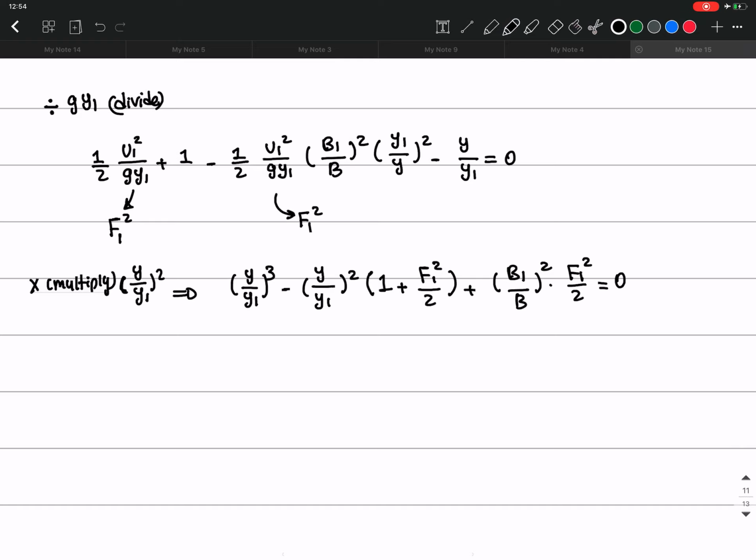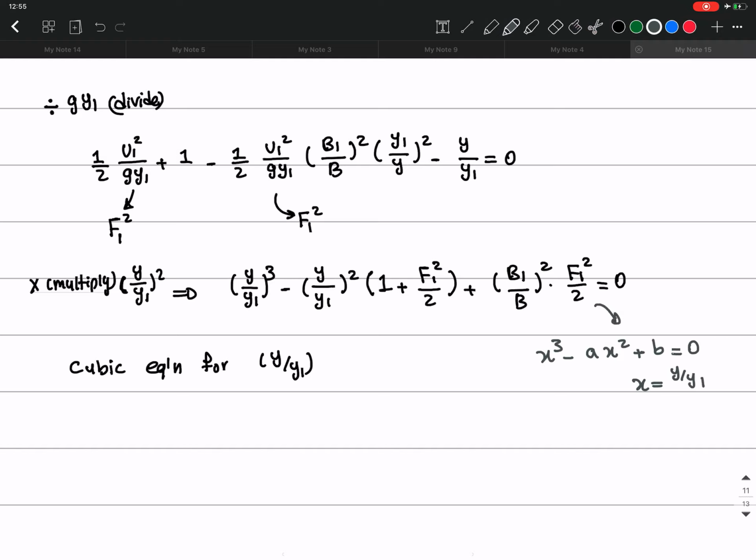So now what did we get? We got a cubic equation for y over y1. In other words, this is like this equation, x cubed minus x squared, say, times a coefficient a, x squared plus b equals to 0, where x is just y over y1, right?